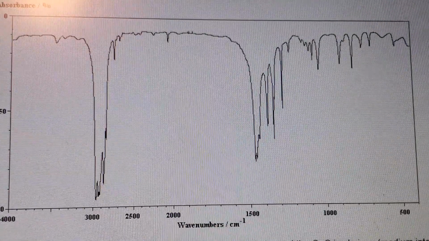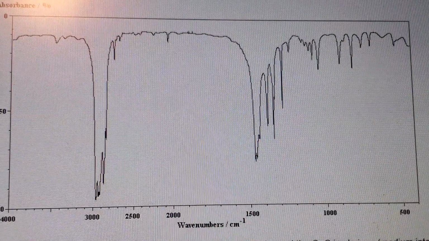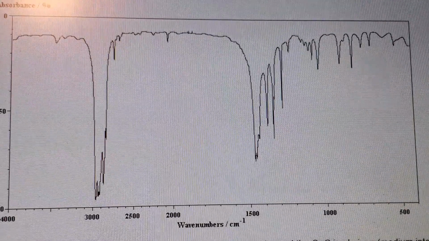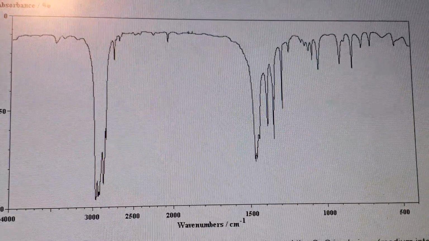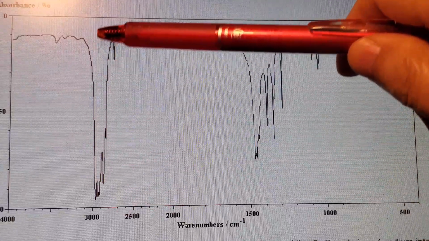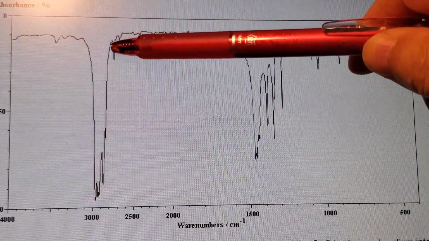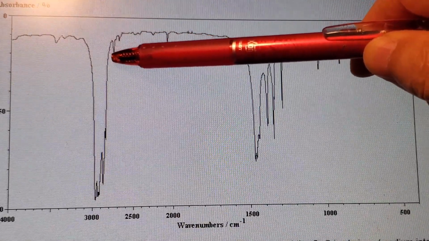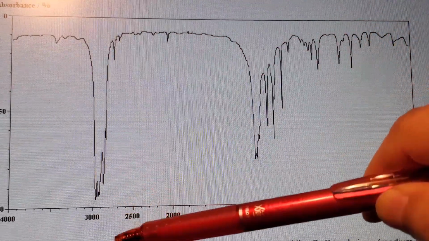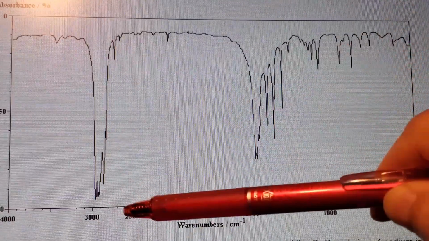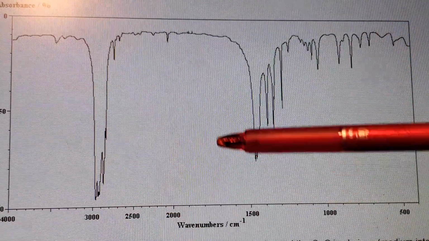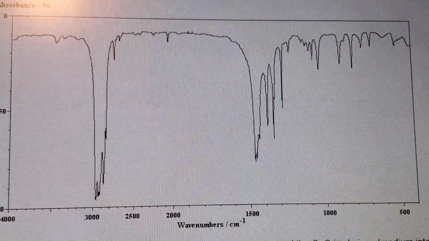Okay, this one's not easy to find out. Let's give it a try. You have alkane CH stretchings, and you see here little peaks that are strong enough to be aldehyde, and the locations are almost right, but again no carbonyl, so no aldehyde.